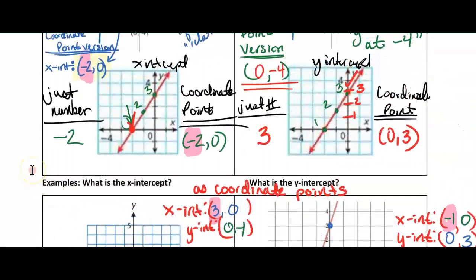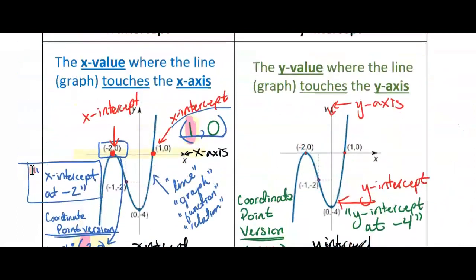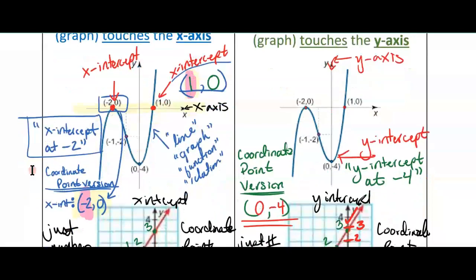There's one more thing I'm specifically looking for that all of our X-intercepts had in common. All of them. That is exactly the same for all of our X-intercepts. They all had 0. Where specifically? In the Y spot.